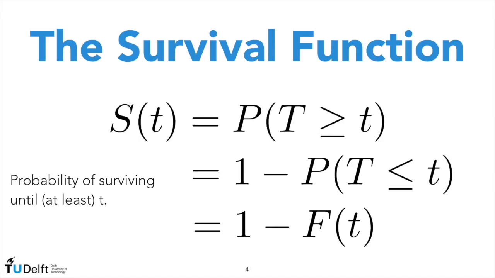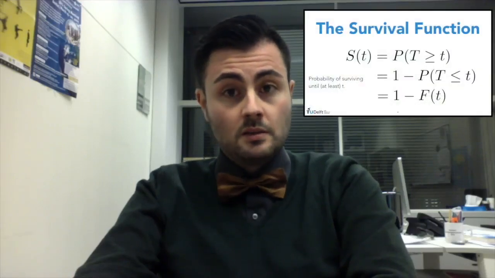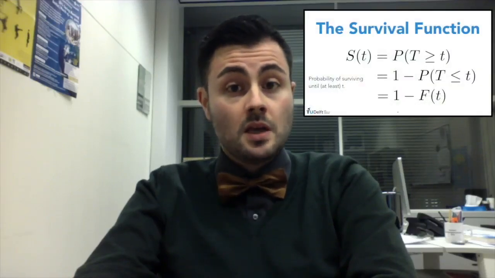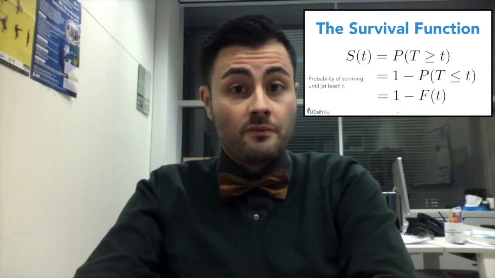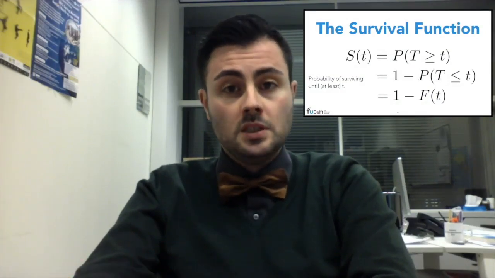And this probability can be expressed in terms of the CDF, the cumulative distribution function capital F. In fact, this is equal to 1 minus the probability of not surviving until time small t, that is to say 1 minus capital F of t.